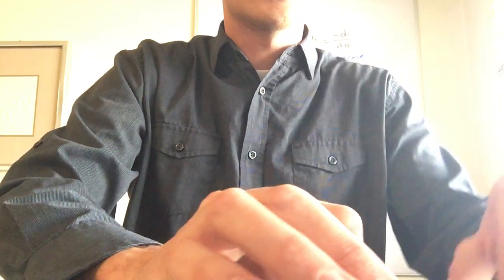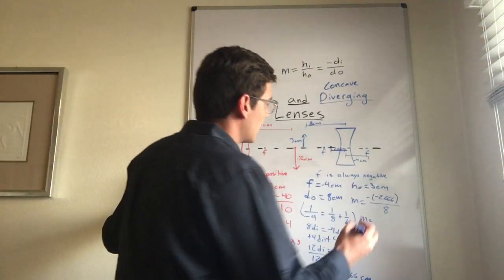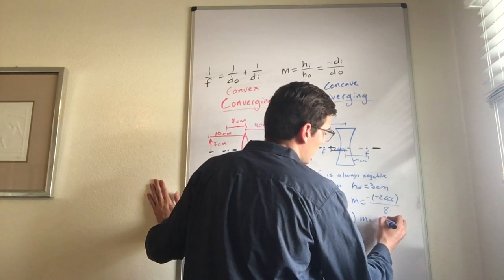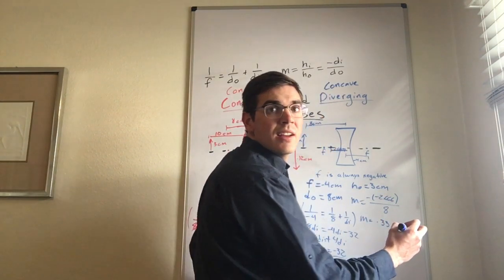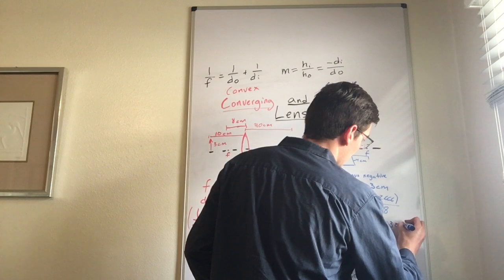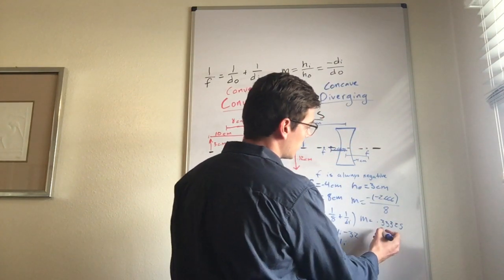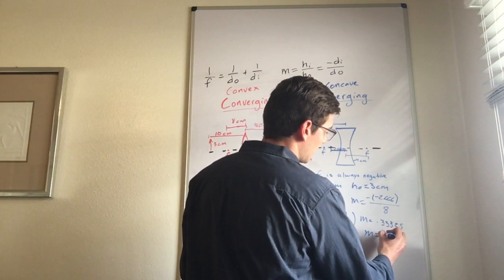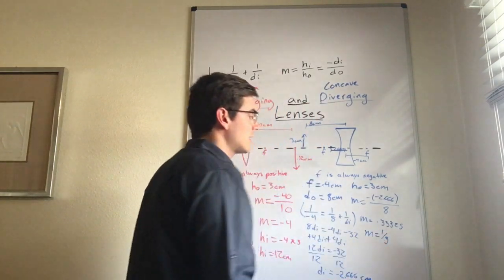If we just use a calculator right here, it'll make it easy. 2.666 divided by 8 gives us 0.3325. So 0.33, so the negatives will cancel and we get 0.33325. So this is about like 1/3. We can just round this to 1/3. So the magnification is going to be 1/3.